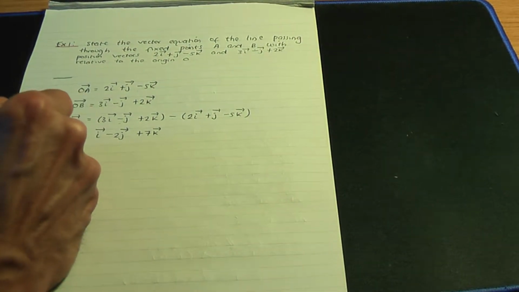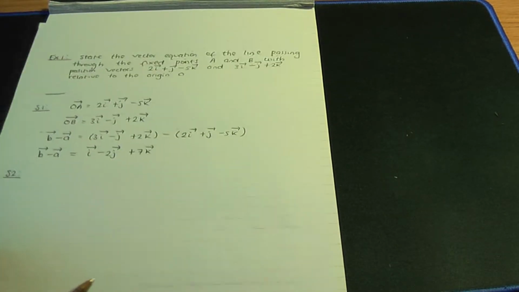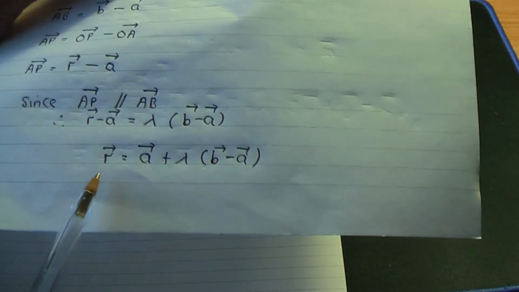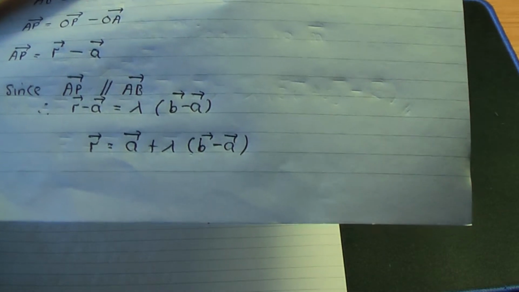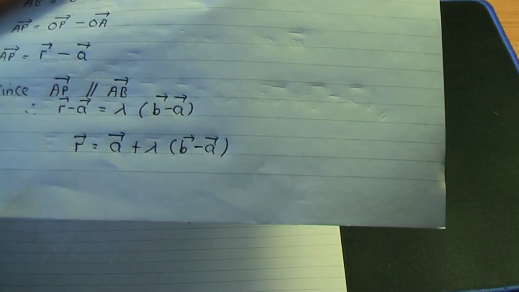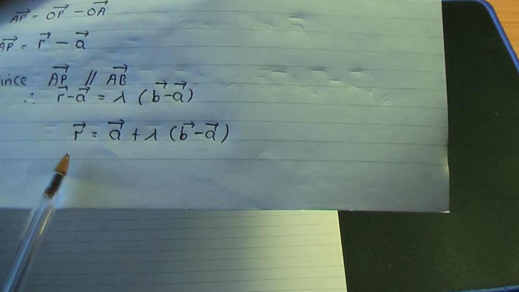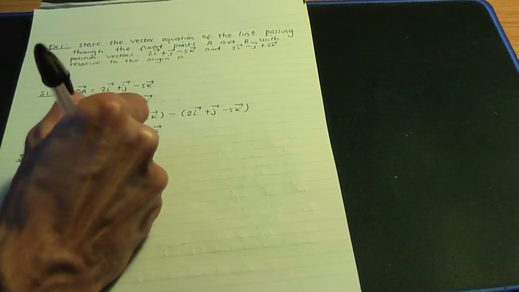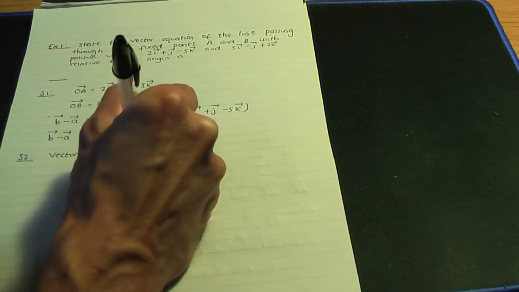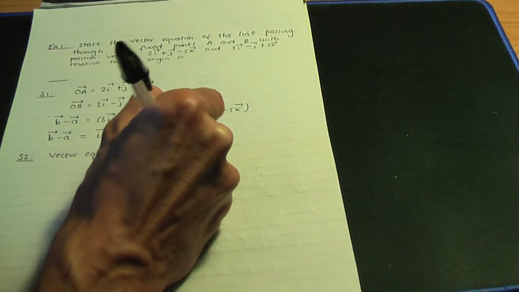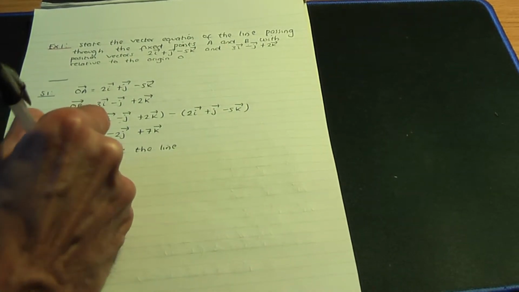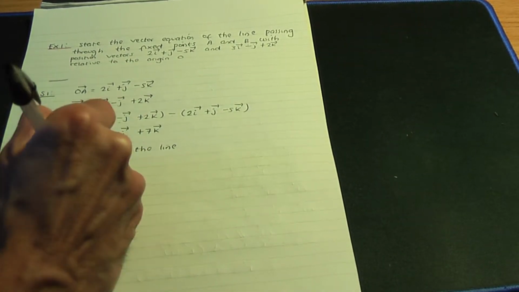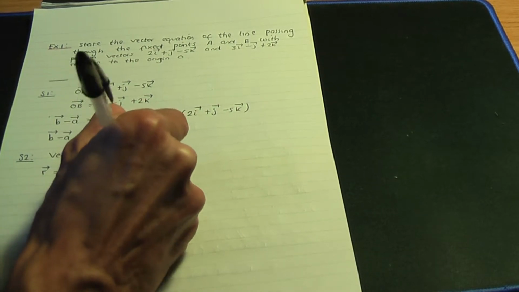Step number 2 is the last step: use the result which I derived in the previous video. The vector equation of the line passing through two fixed points is r equals a plus lambda (b minus a). So let's use that result. Let's write the result first, r equals a plus lambda (b minus a).